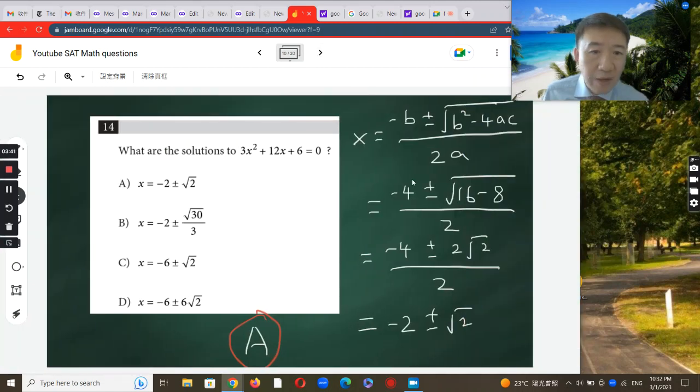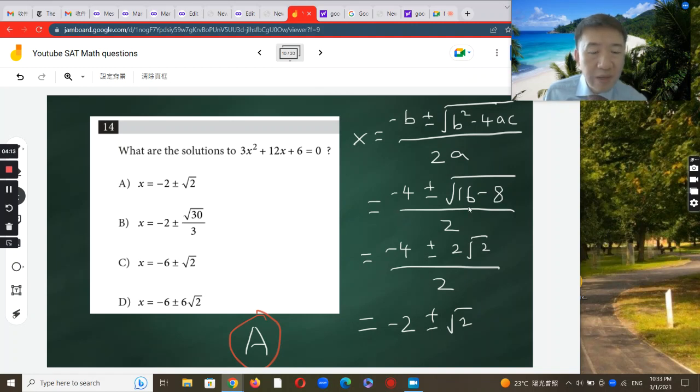And so after plugging in the real values, we have negative 4 plus or minus the square root of 16 minus 8, and 2a is 2 times 1, which is 2, right? b is 4, so b squared is 16. a is 1, c is 2, so 4ac is 4 times 1 times 2. This is where this 8 comes from.